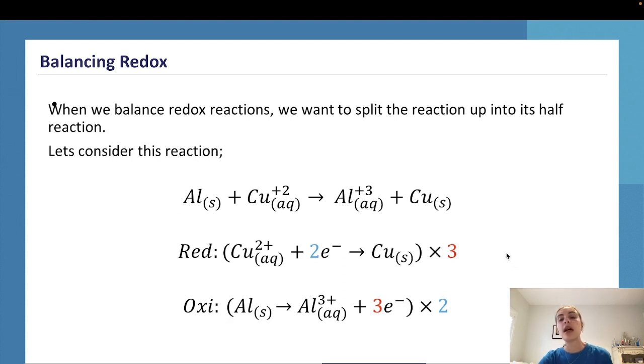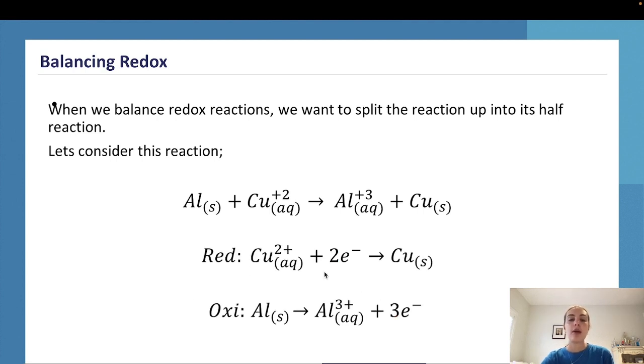So we can see our two reactions are not balanced in terms of their charge between them. They were balanced for each side, but these two reactions are not balanced in terms of their transference of electrons. If we consider our reduction, we've got a transference of 2 electrons, whilst in our oxidation, we've got a transference of 3 electrons.